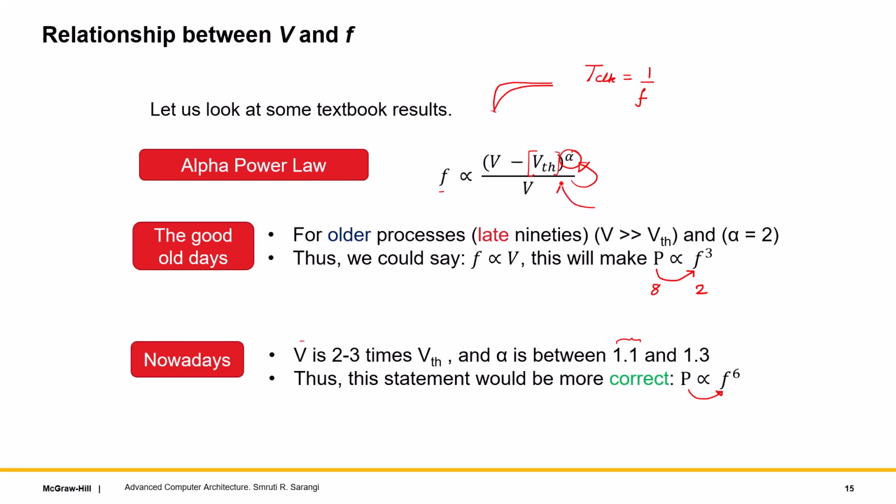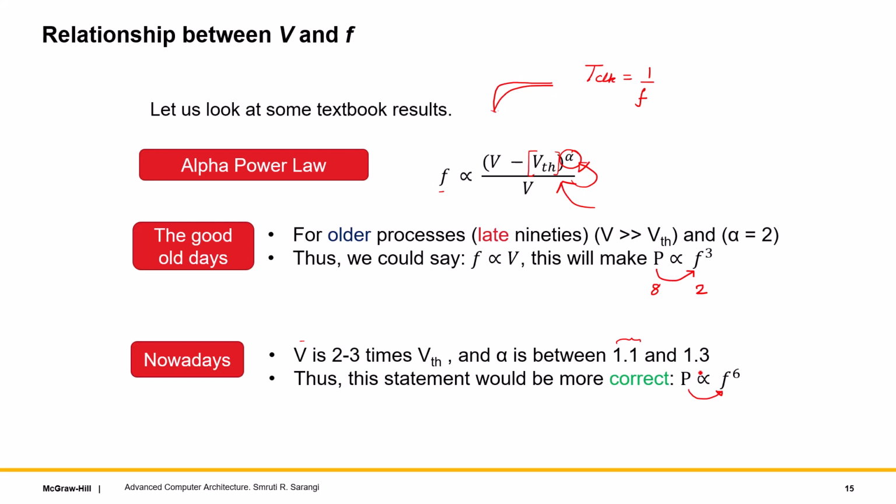everything is governed by this equation, and this is again a function of the process. So you have to see how the transistor is made and how it reacts to varying threshold voltage and varying frequency. What has happened is that the power is proportional to some higher power of the frequency, which basically means that increasing the frequency is not an option available to us.